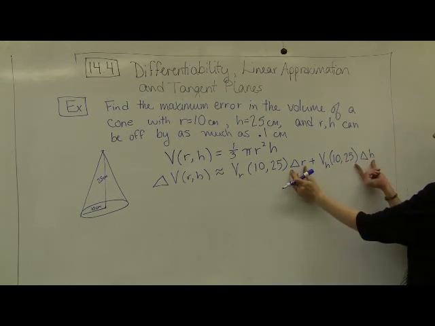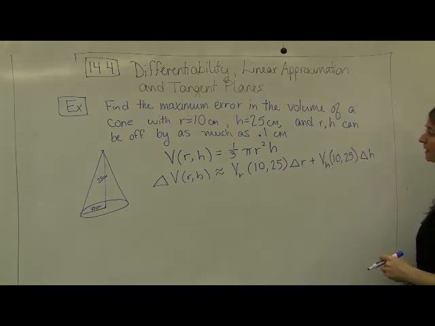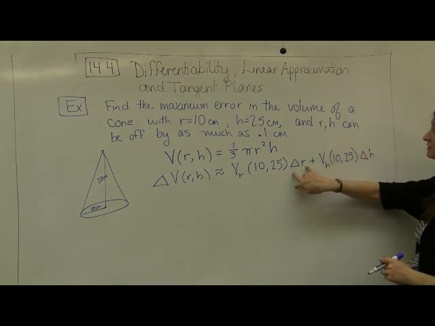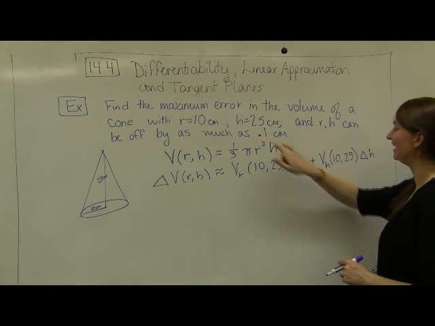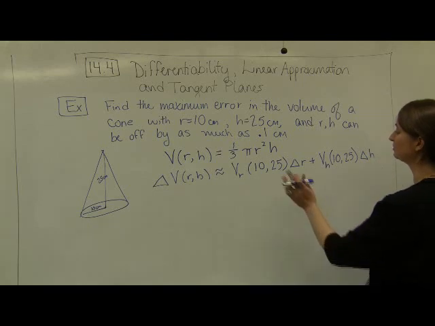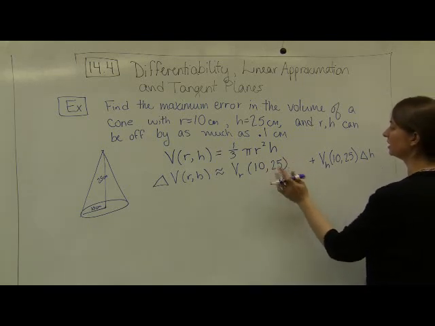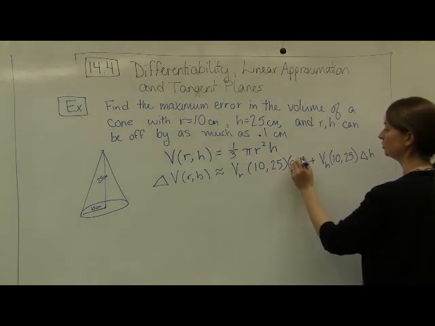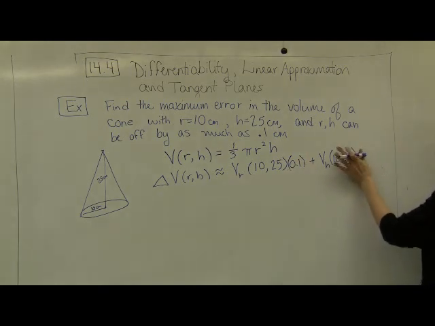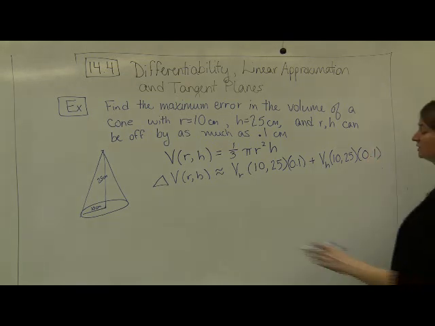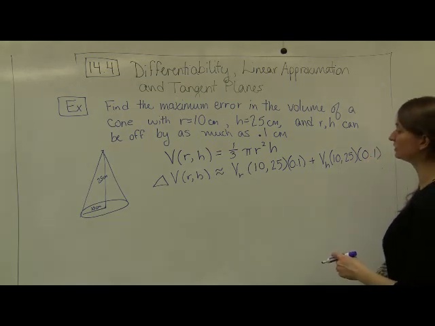Our change is also the error, like what's the maximum error that each of these values can be. And we know that because that's given in the problem. We're told that the maximum error of each of these is 0.1. So I can replace delta r with 0.1, and I can replace delta h with 0.1 as well. So now we just have to compute partial derivatives, and the problem is relatively straightforward.